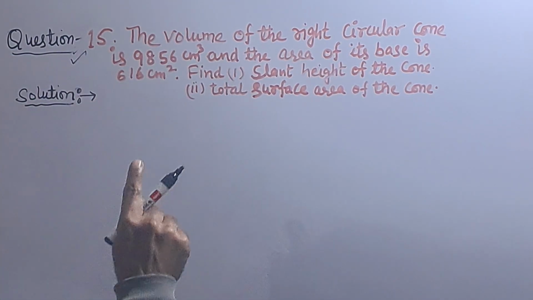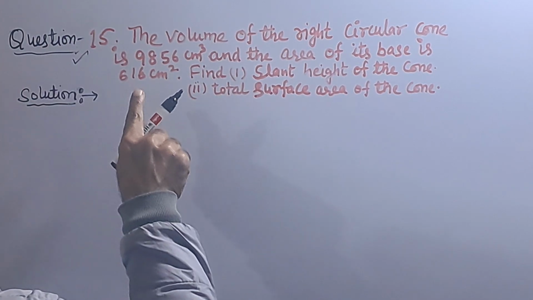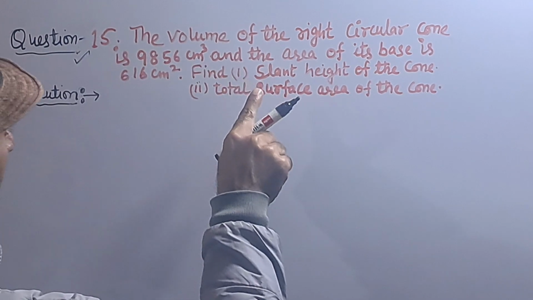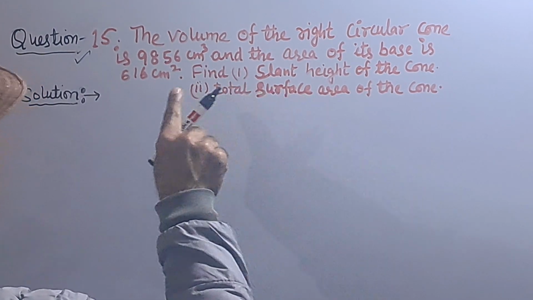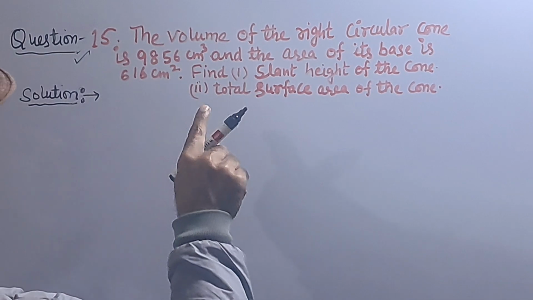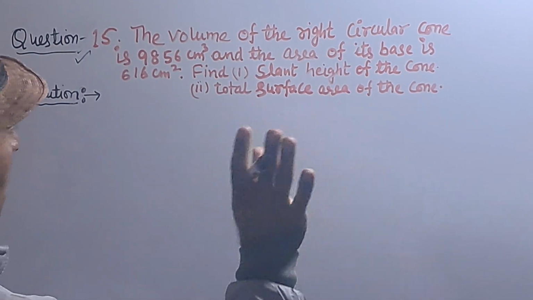Question number 15. The volume of the right circular cone is 9856 centimeter cube and the area of its base is 616 centimeter square. Find the slant height of the cone, total surface area of the cone.